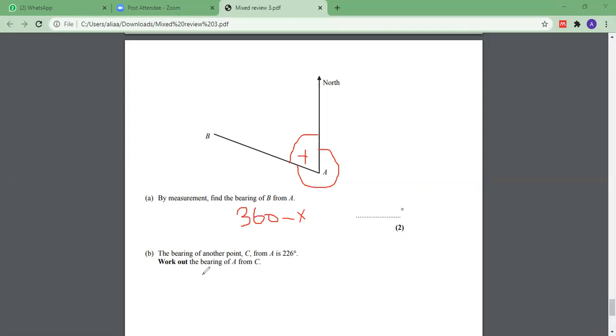The bearing of another point C from A is 226. Okay, he wants to know the bearing of A from C. But first of all, I need to draw C. 226 means that it's going to be in this side, right?